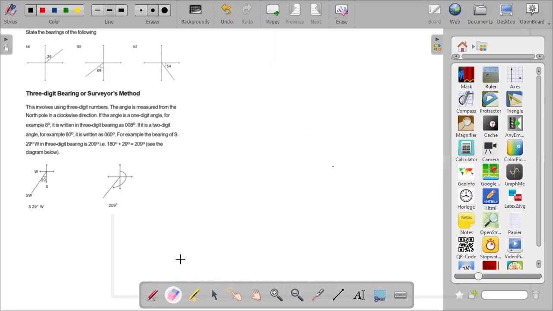Another way is the three-digit bearing, or the surveyor's method. This one involves using three-digit numbers, and the angle is measured from the North Pole in a clockwise direction. Like the example we just did, where we have this angle to be 54. If it is three-digit bearing that we want to use to describe this, then we have to measure all the way from the North Pole to this line.